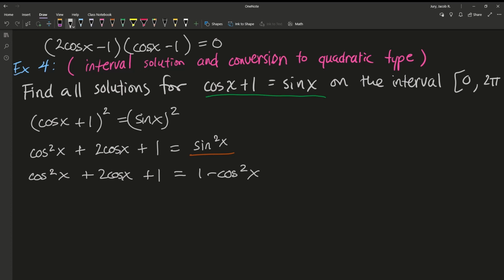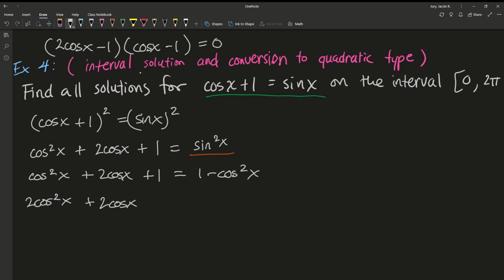Yay! Now I have all of my variables as cosine, and I can combine like terms, and hopefully that puts me in a quadratic situation that I can factor. So I've got 2 cosine squared x if I add the right one over here to the left, and still have a 2 cosine x.